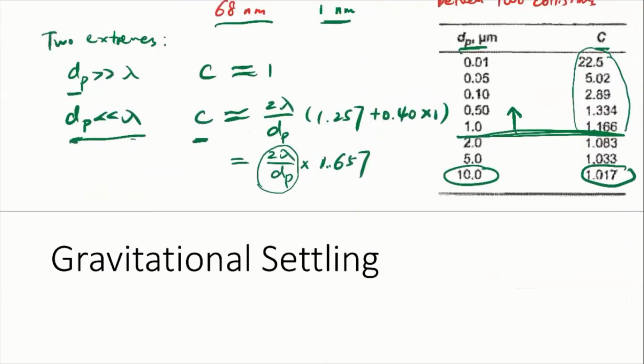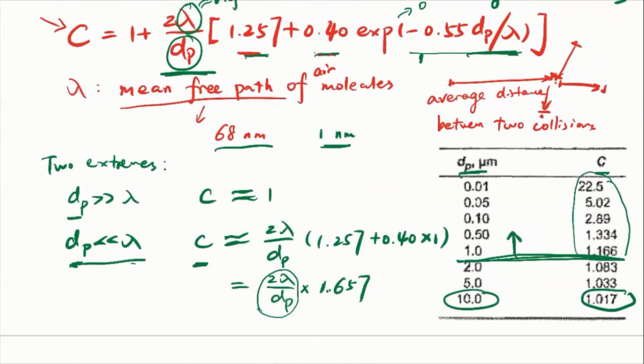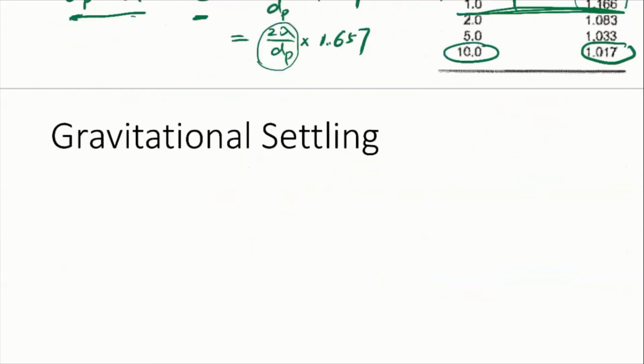So now with the drag force, with the exact equations, we can look at what is really happening during gravitational settling, let's say a raindrop or particulate matter falling down. We have Newton's second law, m multiplied by a.